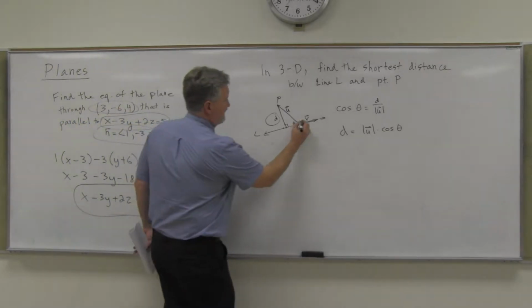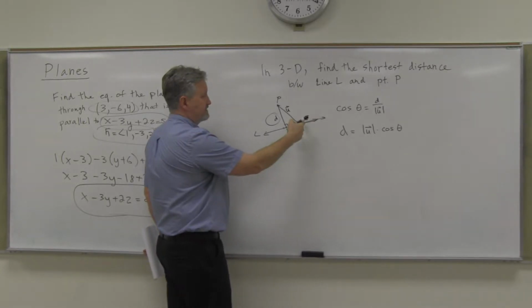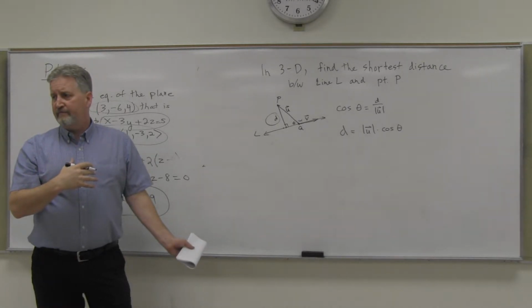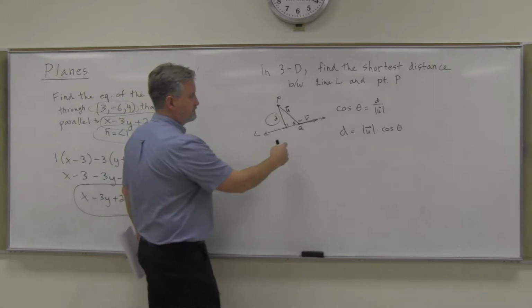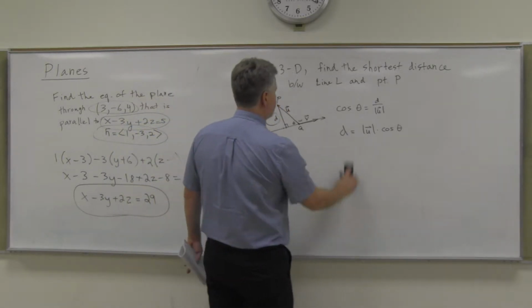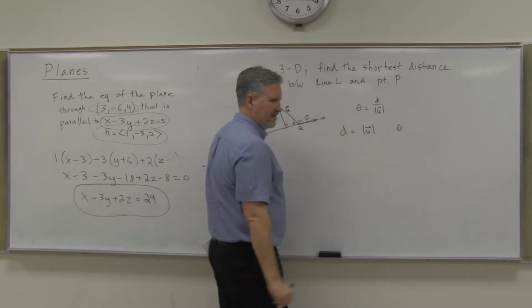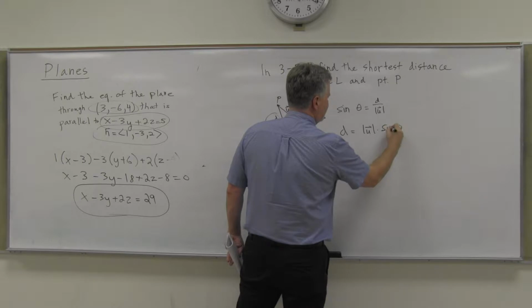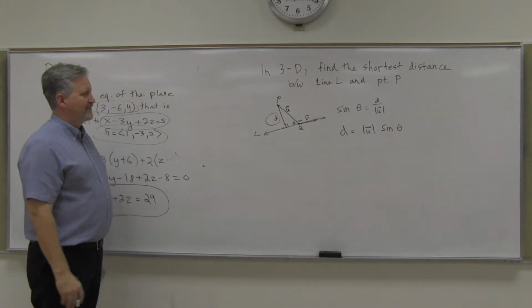For one thing, if I call this angle alpha here, alpha is good because alpha is the angle between vector V and vector U, and I know a little something about that. Well, oops, I put cosine. I think I said sine, but I wrote cosine.